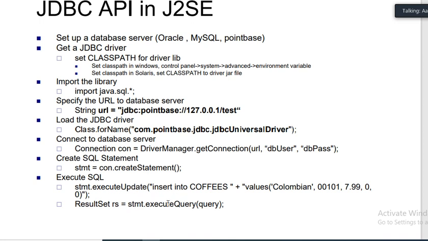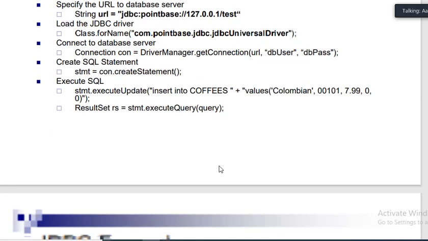Statement has many such methods. For an insert, you pass the insert statement as a string. If it is a select query, you use executeQuery and get the result, passing the query as a string, like select * from table name.